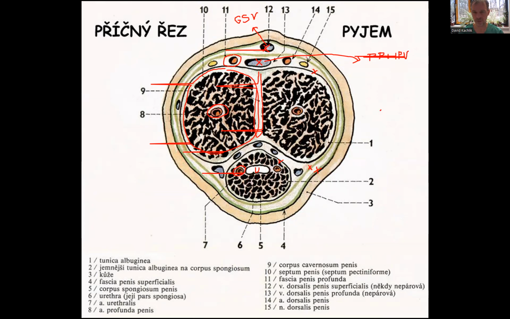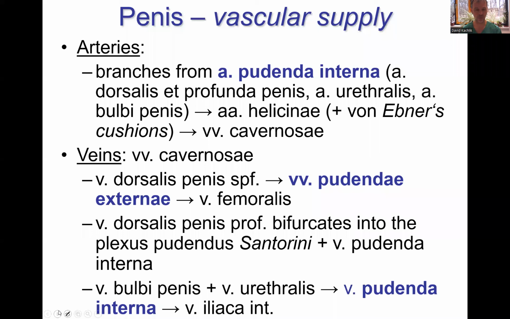And don't forget the nerves. Here are the cutaneous nerves, which we call dorsal penis nerves, branches of the pudendal nerve. And what we cannot see are the cavernous nerves, which we spare during radical prostatectomy. They are already divided inside the cavernous bodies. So that's the transverse section which you should learn to draw.